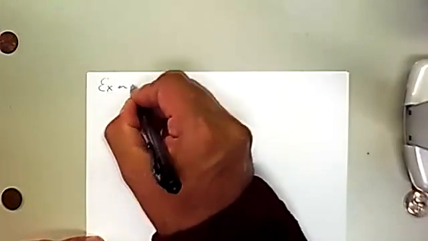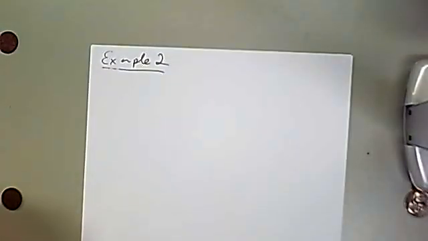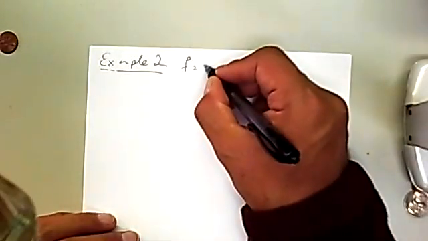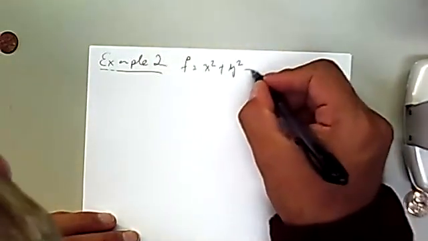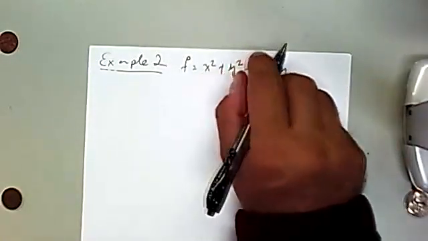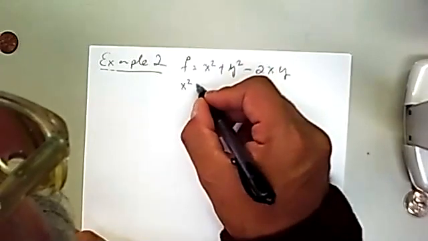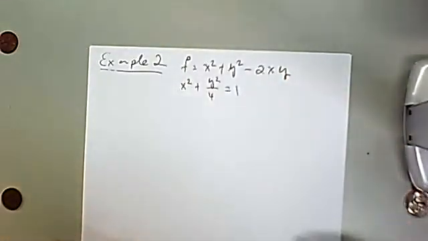Let's do a second example. Example 2. f of x and y is x squared plus y squared minus 2xy. And we're going to subject this to an ellipse. So we're going to have x squared plus y squared over 4 equals 1, which is an ellipse.